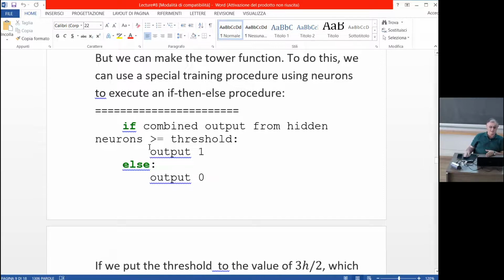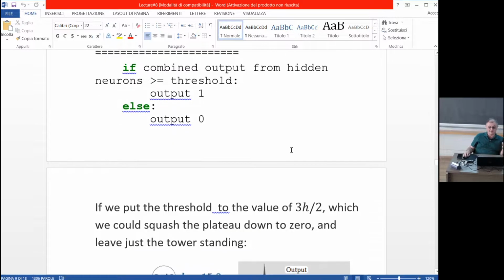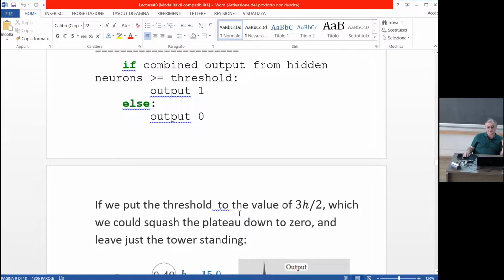If it is bigger or equal to some threshold, output 1, else output 0. And combining some parameters, which parameter? The threshold should be put to the value of 3h divided by 2.